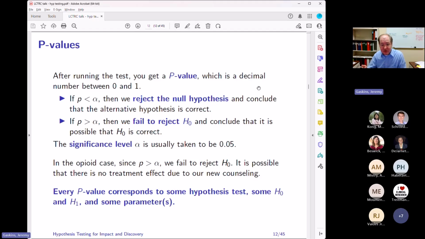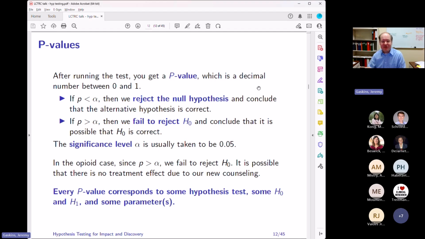And again, we sort of said this earlier. Anytime I have a hypothesis test, I have a pair of hypotheses and a parameter. Equivalently, anytime I have a p-value, there is some hypothesis test, some H naught and H1, and some set of parameters. And so again, I would sort of challenge us, as we're writing papers and things, every time I put a p-value in my manuscript, do I actually know what hypothesis test I have run to get that p-value?